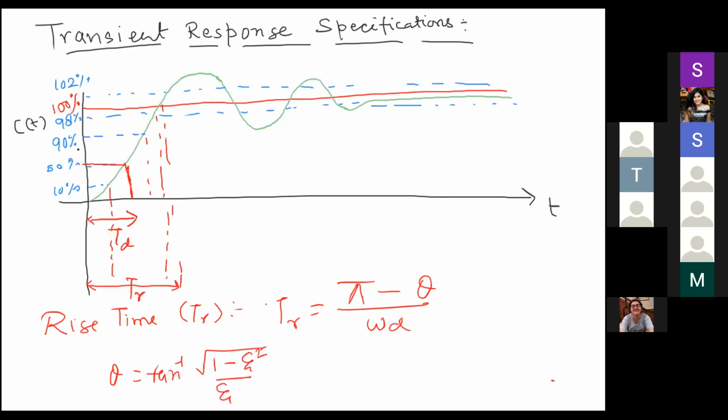One thing you have to remember is that theta is in radians, because pi is in radians, so we subtract theta from it. Before doing this, we have to convert theta into radians if it is in degrees. And omega d is omega n times square root of 1 minus zeta squared. So this is the rise time.